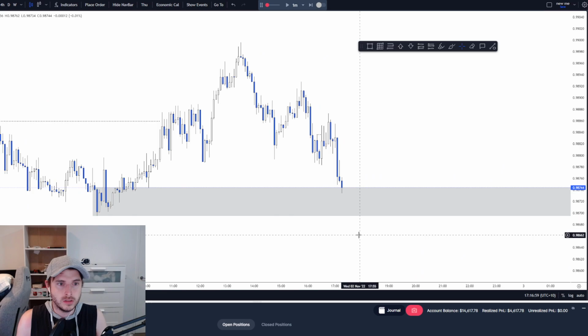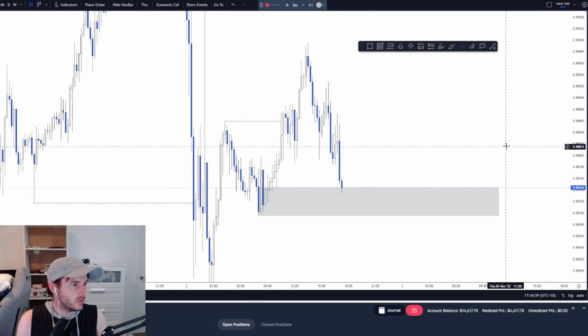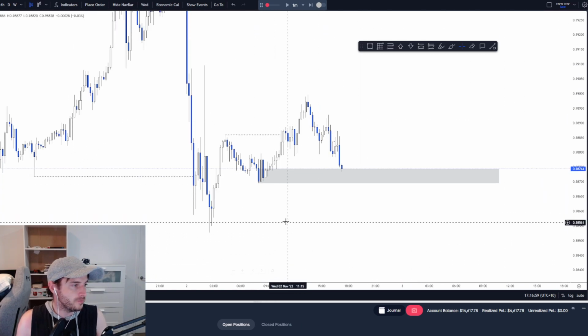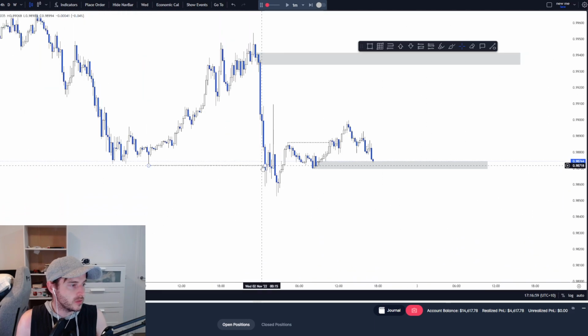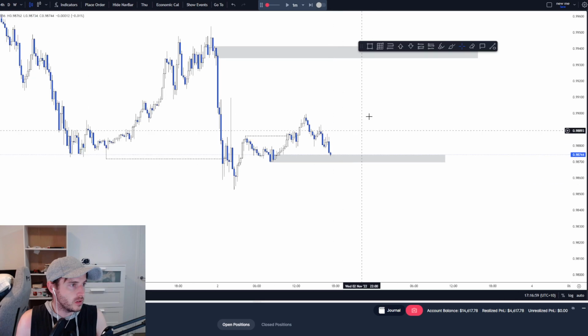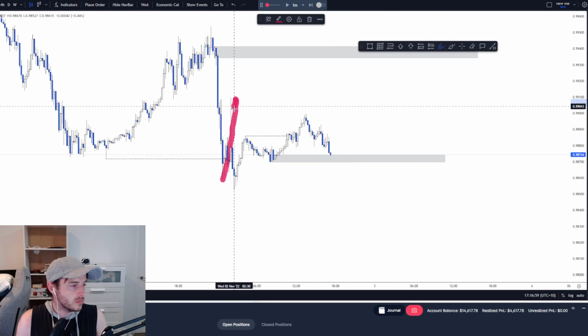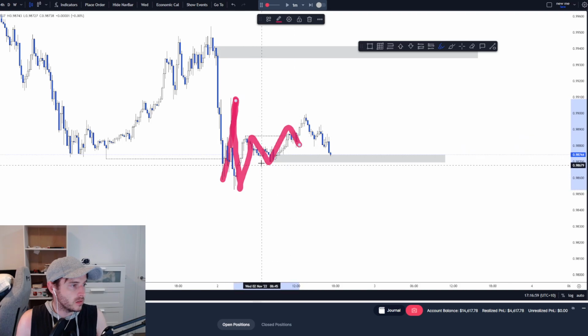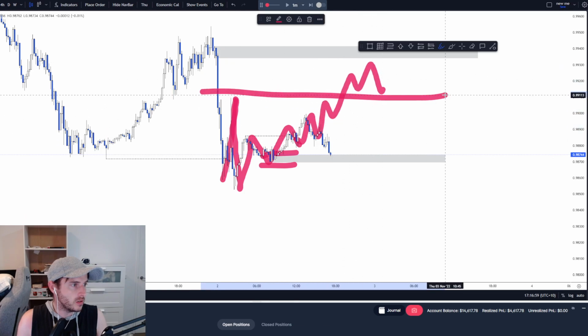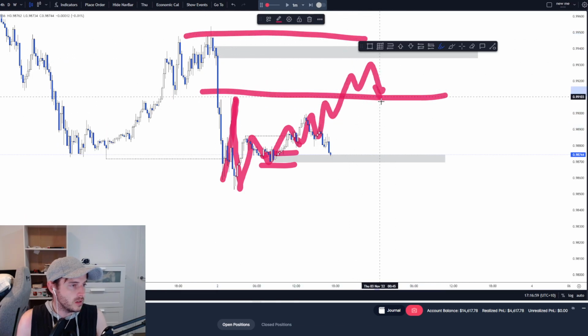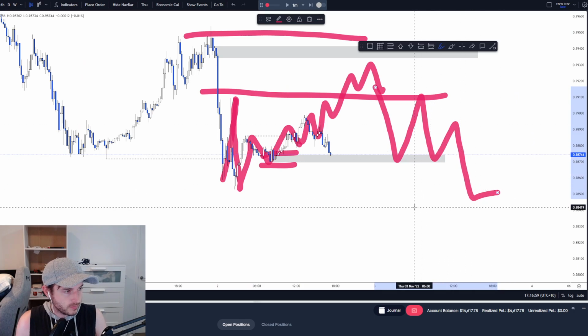Now just ask ourselves, do we trust this zone? Well, what are we expecting to happen after a swing breaker structure? We expect price to then swing up, swing down, and then continue to make lower highs, lower lows until it comes up and reaches higher into the value of demand, and then go down.